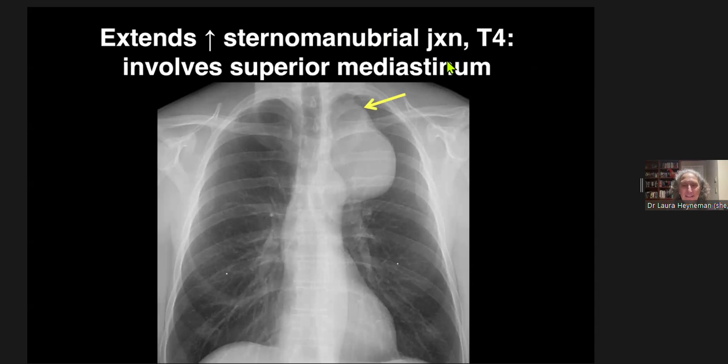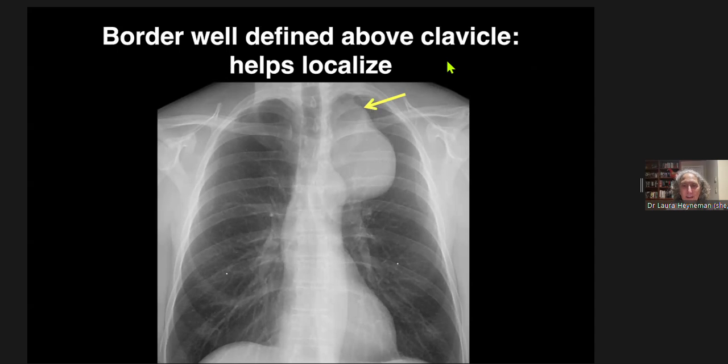I also noticed that this mass extends above the level of the clavicles. And not only does it extend above the level of the clavicles, it has a very well-defined border above the clavicle. So this is extending into the superior mediastinum. I said that most people delineate the superior mediastinum at essentially the T4 level.